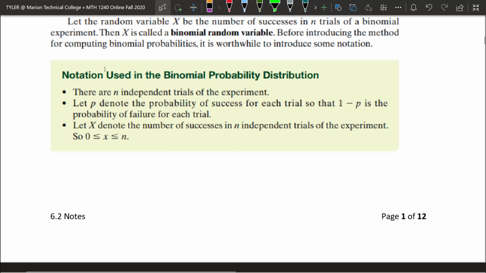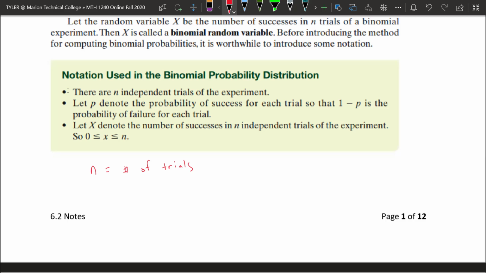The notation that we want to look at is that n represents the number of independent trials of the experiment. So n equals the number of trials. I want to let p denote the probability of success for each trial, so that 1 minus p is the probability of failure for each trial.